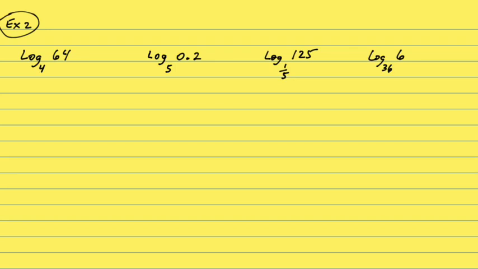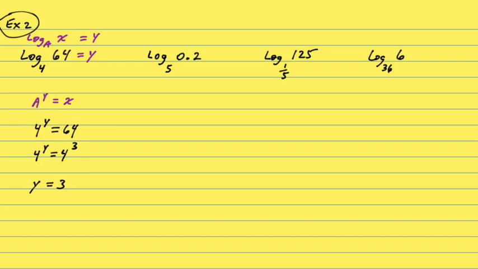Okay, we want to evaluate all of these. I know that it's log base a of x equals y if and only if a to the y equals x. So the a is a 4 raised to some y power equals 64. 64 could be called 4 to the third.